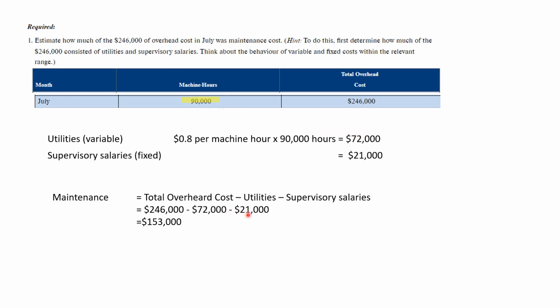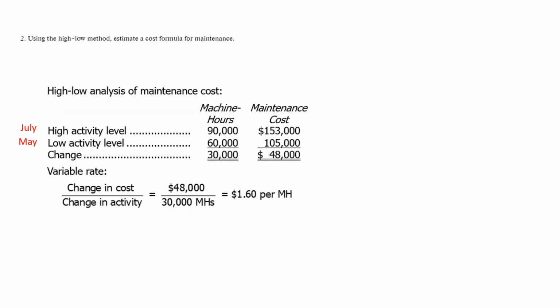And by subtracting our total fixed cost of $21,000, which hasn't changed between any of the different machine hours. So if you subtract all of these, we know our total maintenance cost for this month is going to be $153,000.